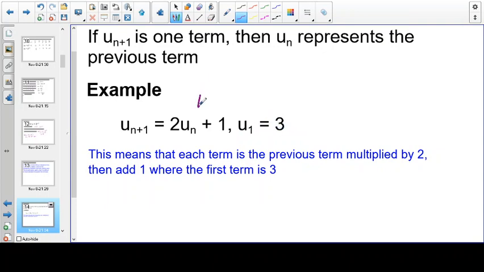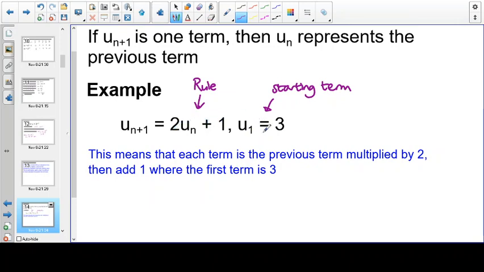So this is the rule, and this is a starting number or a starting term. We always have to have both. So the rule says that each term is the previous term times by 2, add 1.